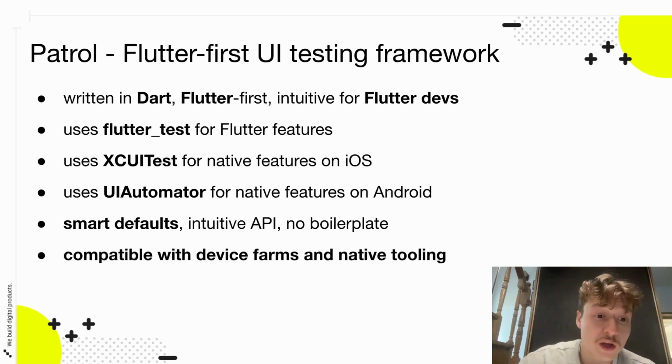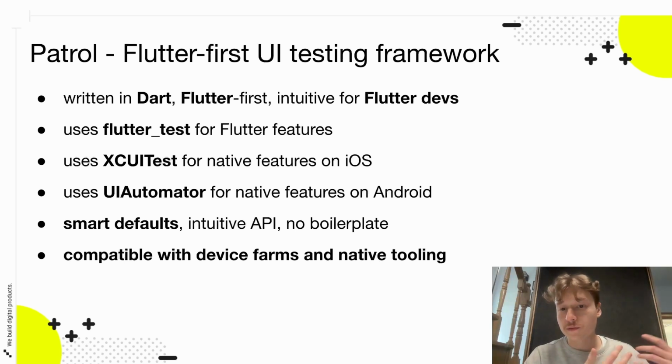And we want to be compatible with device farms and native tooling. What it means is that if we are run as a native test, and we are, so we can be seen as an Android test or iOS test, then we can be compatible with any device farm that's compatible with Android and iOS, which is really important because we as the Flutter community deserve to be compatible with such tools.